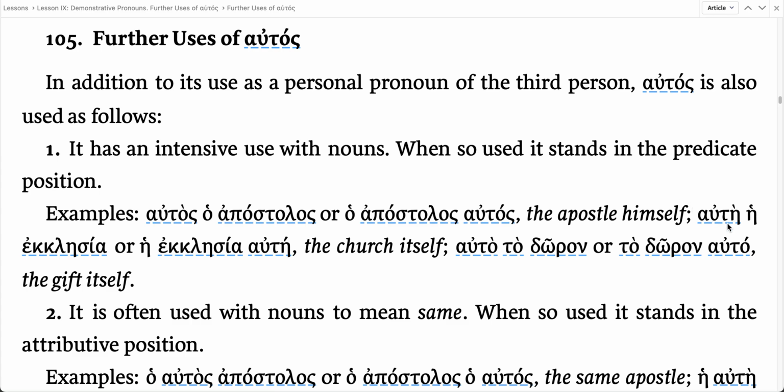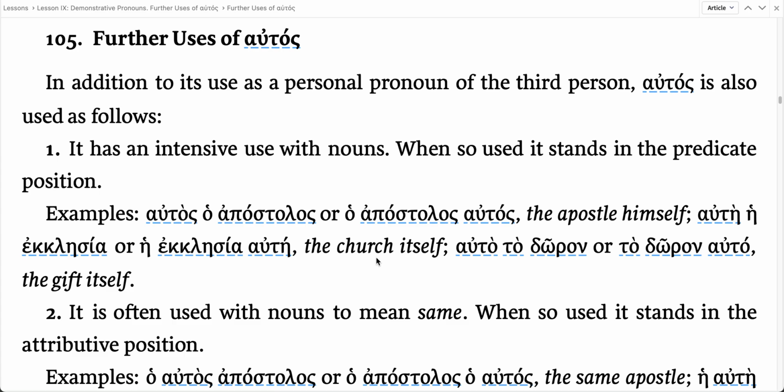Or you can have αὐτή ἡ ἐκκλησία, αὐτή, the church itself. Now, the reason it's feminine here is because the noun is feminine, but since a church represents more of a neuter idea, even though it's not neuter in gender in terms of the Greek word, the translation equivalent is itself.